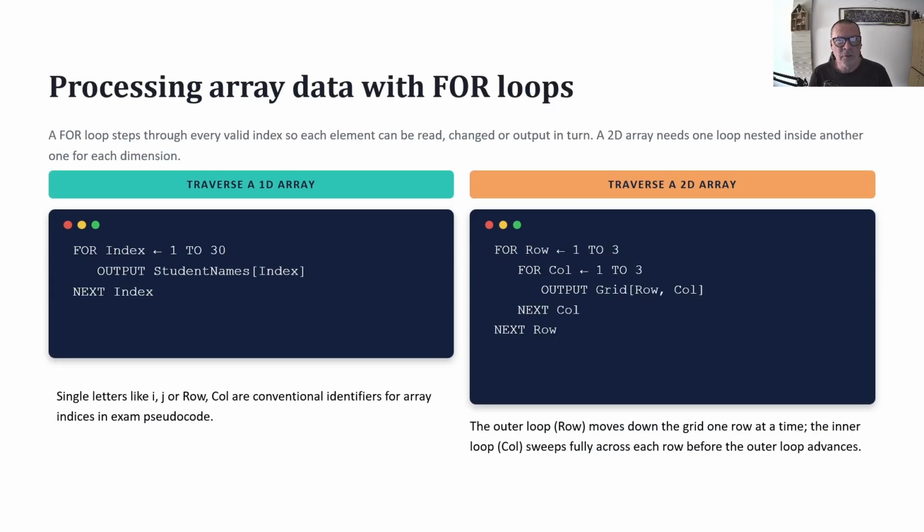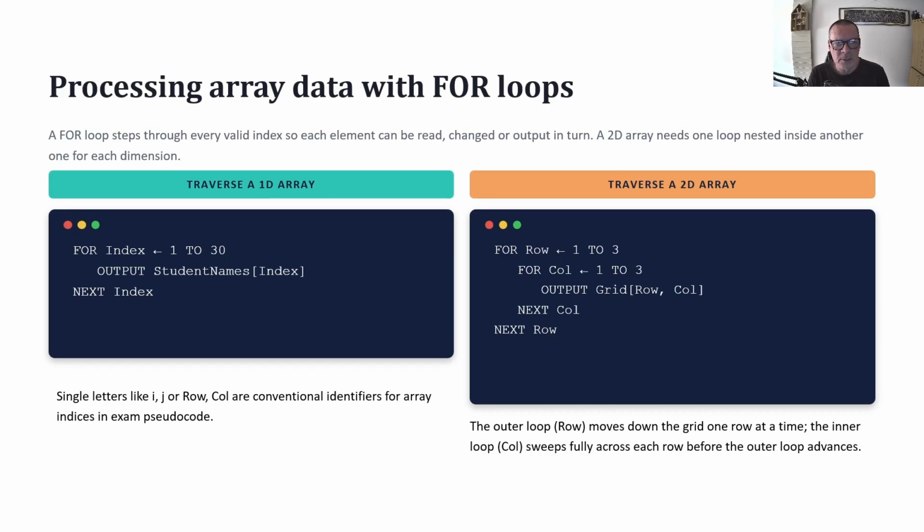So we can process arrays. As I said, it's easier for programmers to create them and not have to specify dozens or hundreds or thousands of variables with slightly different names, but it's also easier to process the data once you've got them in the array. So if we want to traverse a 1D array, then we just use a counter.